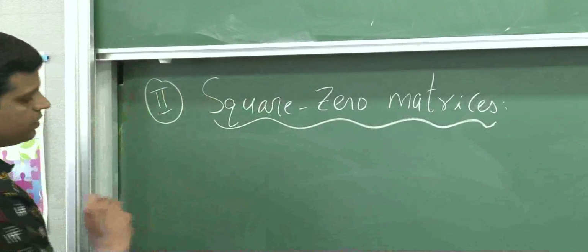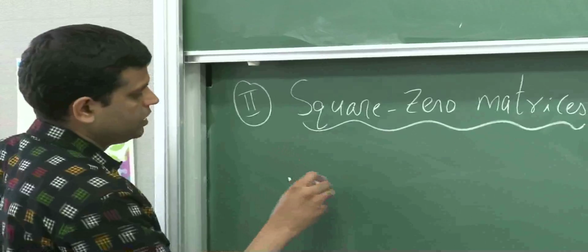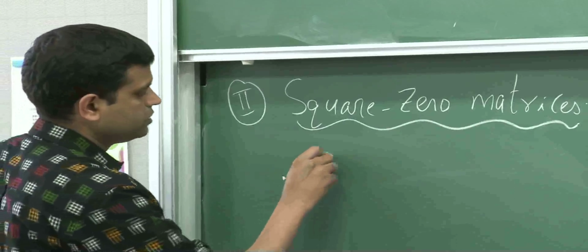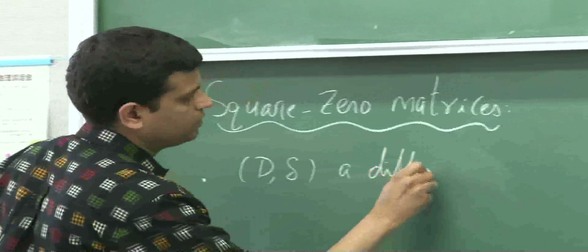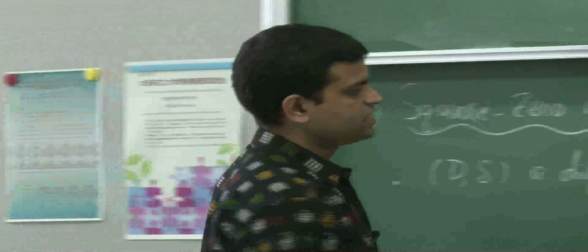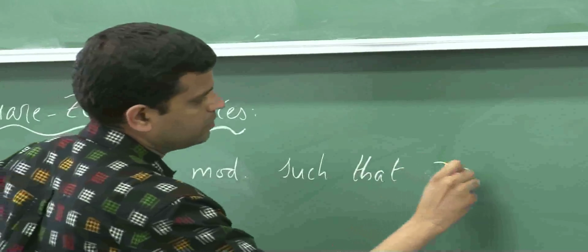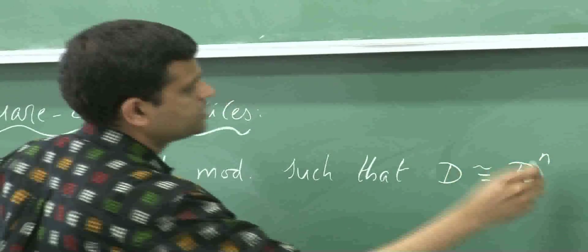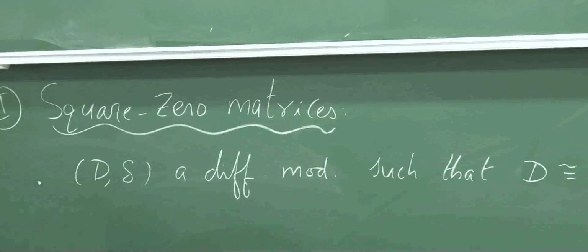Suppose you look at a differential module D, and suppose D is free, say of rank n. Then by picking a basis for D, you can describe delta as a matrix.